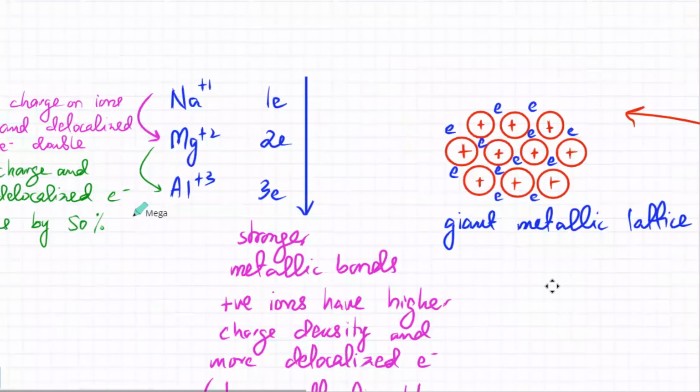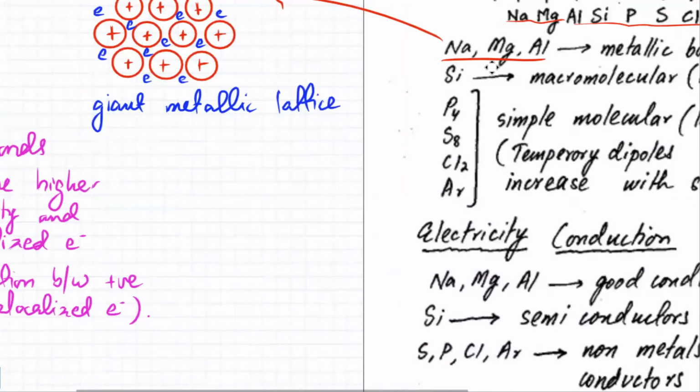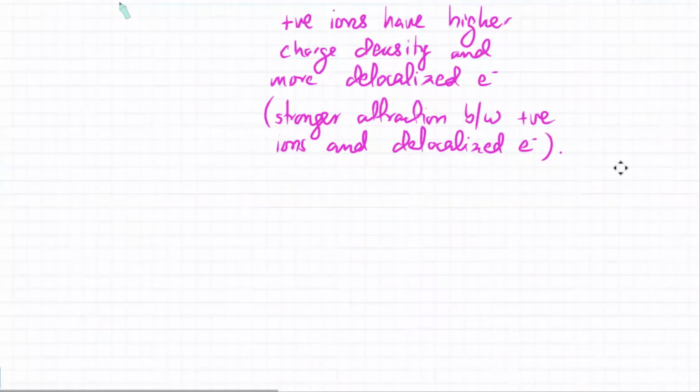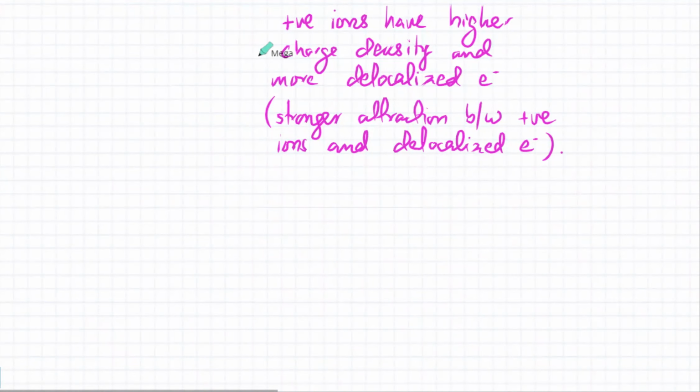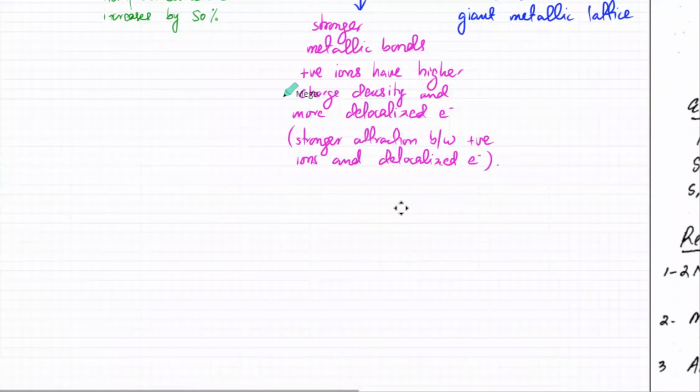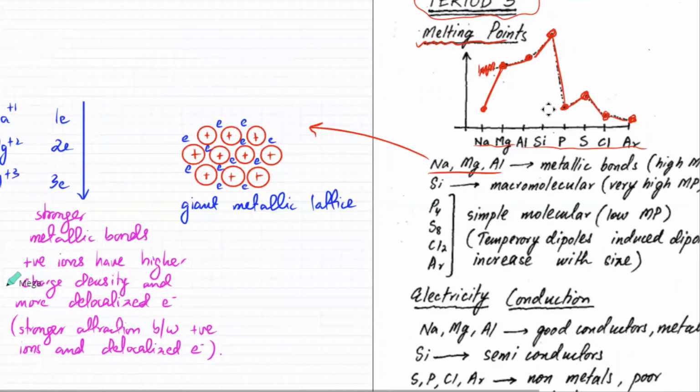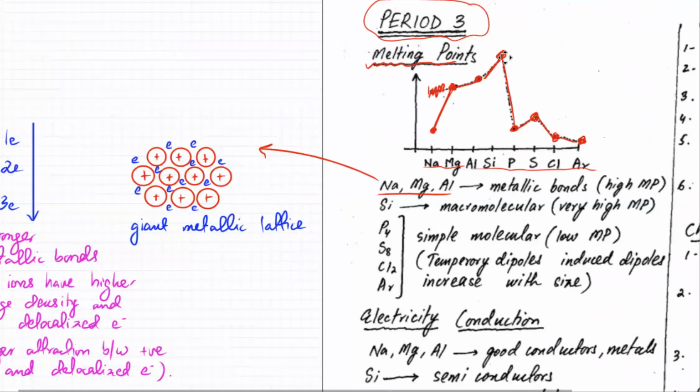Yes, sir. So then we're going to talk about silicon. What's special about silicon? So we can write this over here. Why does silicon occupy the highest place in the melting point graph? Because it's got a huge macromolecular structure.